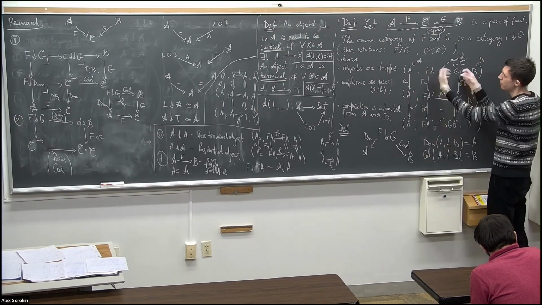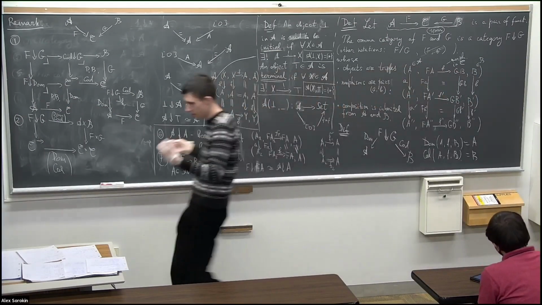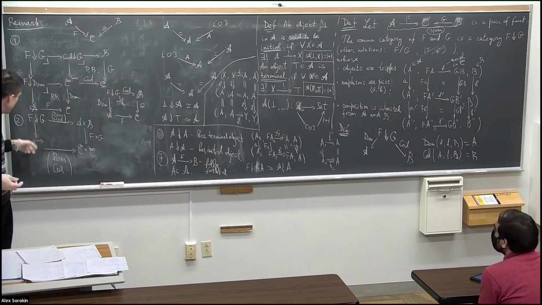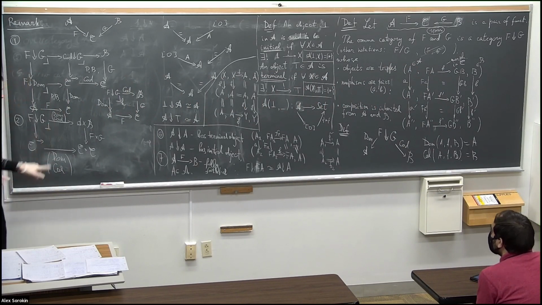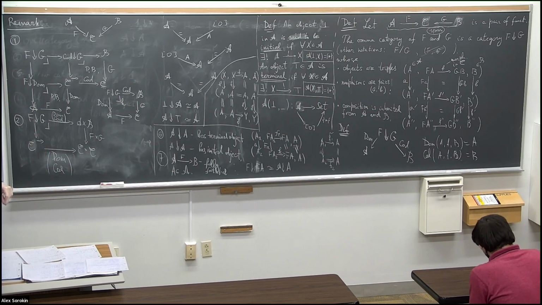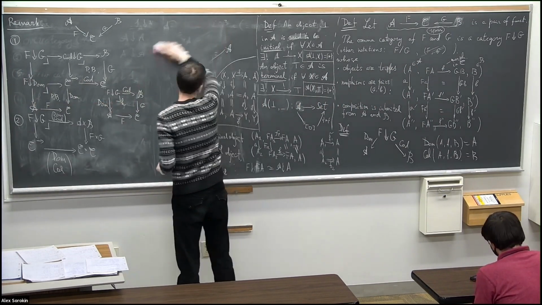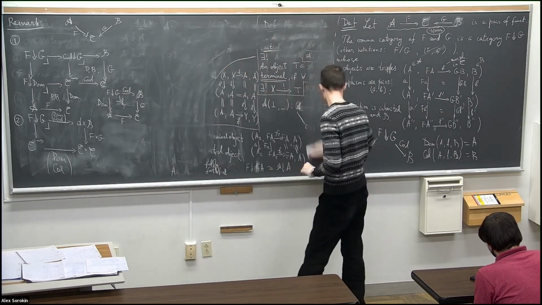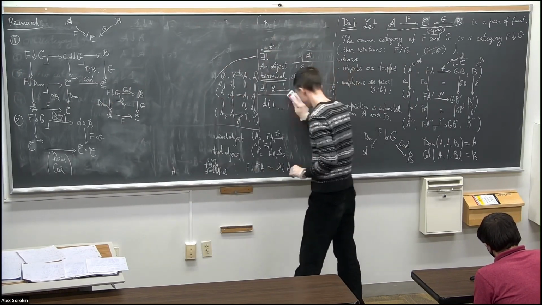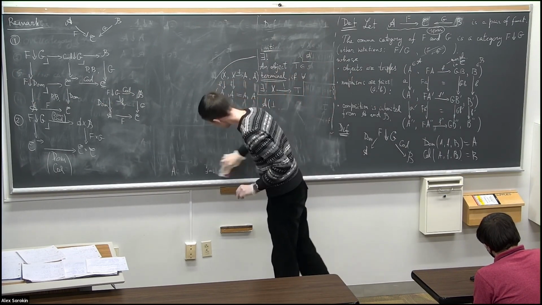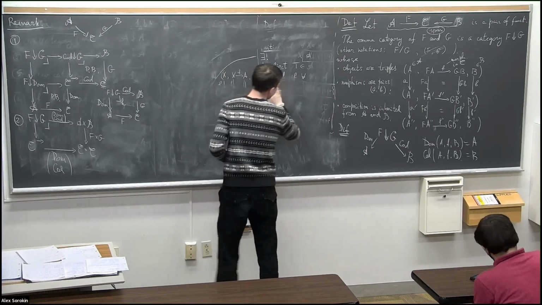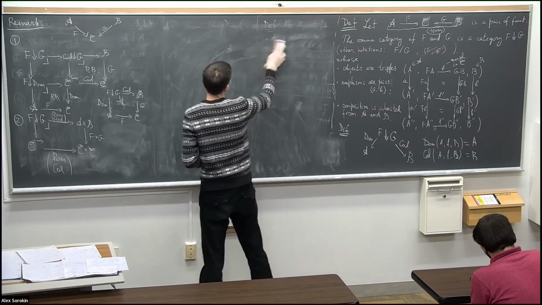We are just embedding the central squares inside the arrow category. A little pullback.